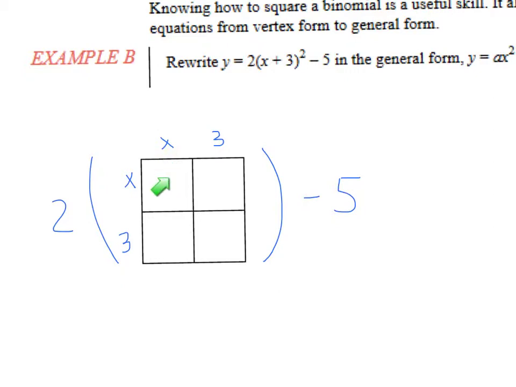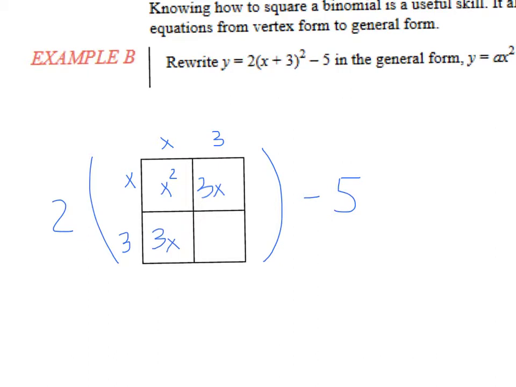So first we have x times x, which gives us x squared. Then we have 3 times x, which gives us 3x. And then we have x times 3, which gives us 3x again.